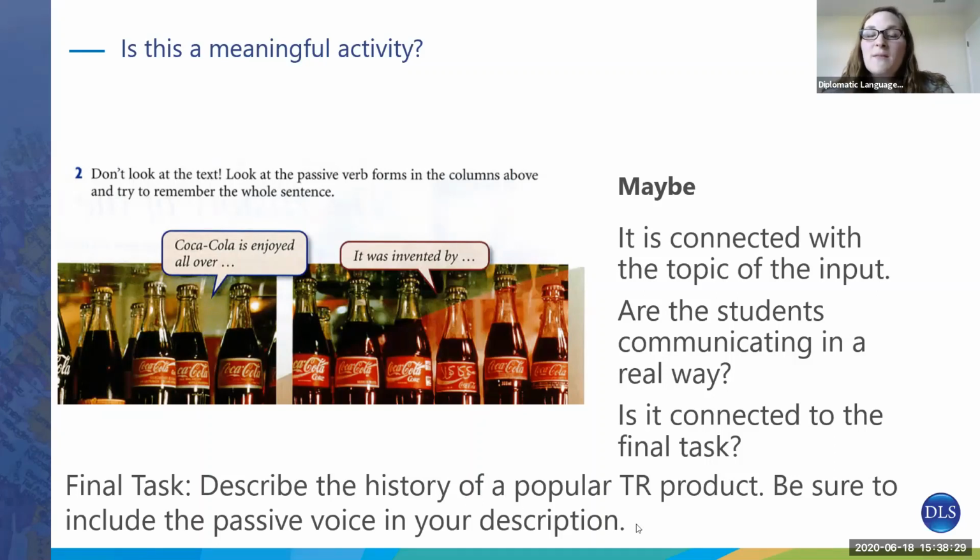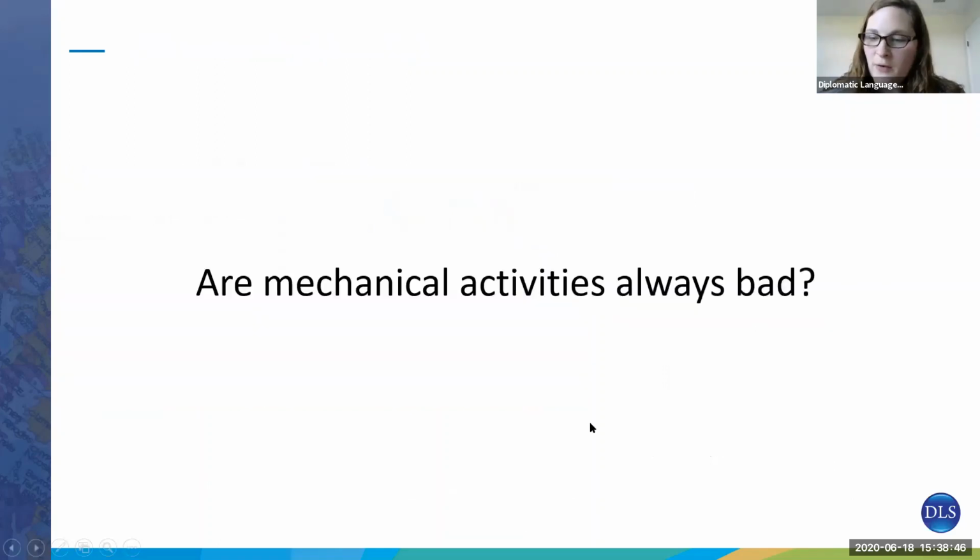Then that might make it even more meaningful. So this one's kind of a tricky one. But remember, meaningful activities are connected to both the input and also the final product as they're practicing the grammar.